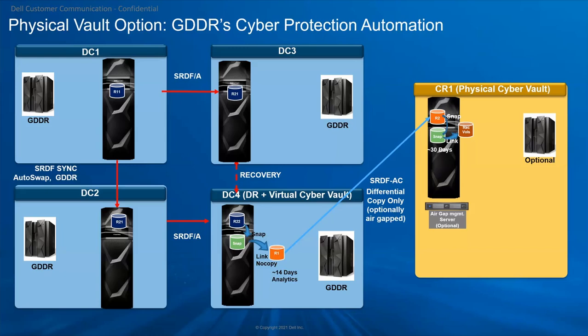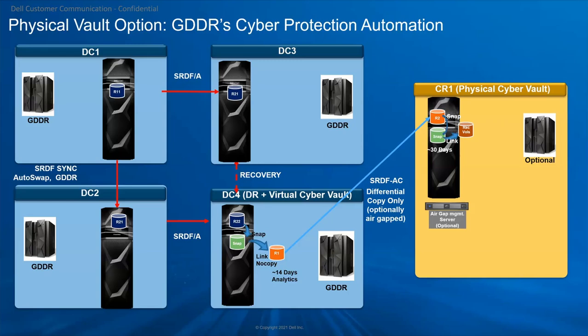And if you want that vault to be air-gapped, we have an air-gap management server capability that will run in the vault and open and close that SRDF connection between those 2 orange volumes so that it is a physically isolated vault. We are starting to see the emergence of physical isolation being required in mainframe environments. It's more popular in the distributed world, but it is showing up in the mainframe world.